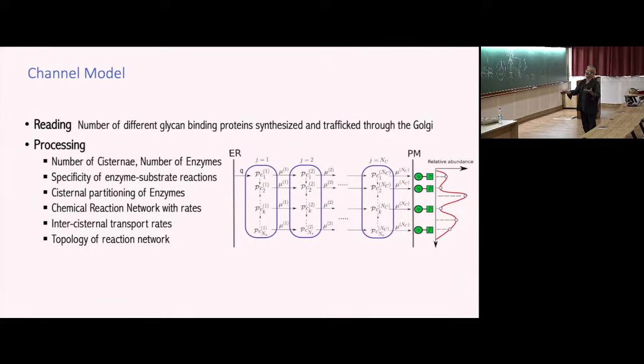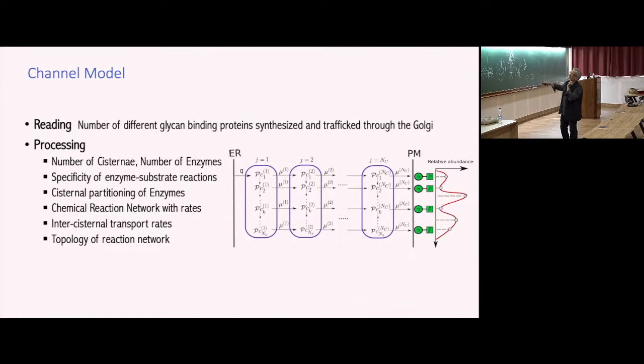So I provide a chemical reaction network with given chemical rates. Then once the chemistry has happened, they are transferred from one cisterna to the other with a rate mu, so I should give you the intercisternal transport rates. And finally, I have to fix the topology of the chemical network. So these are the features that define this channel. Is that clear?